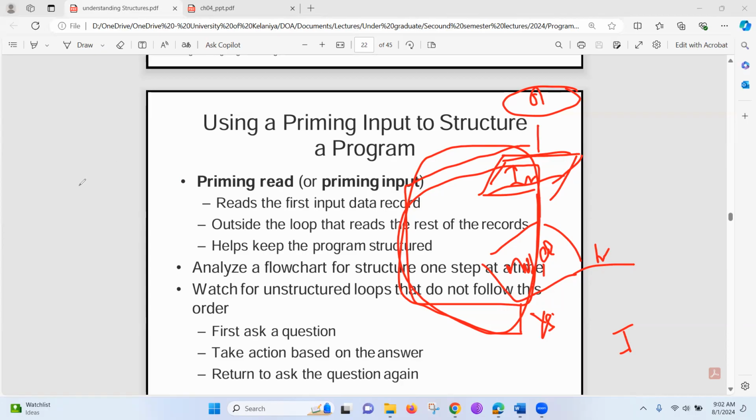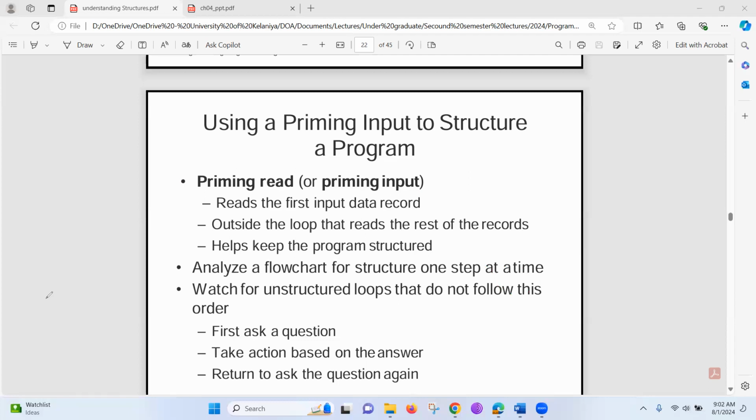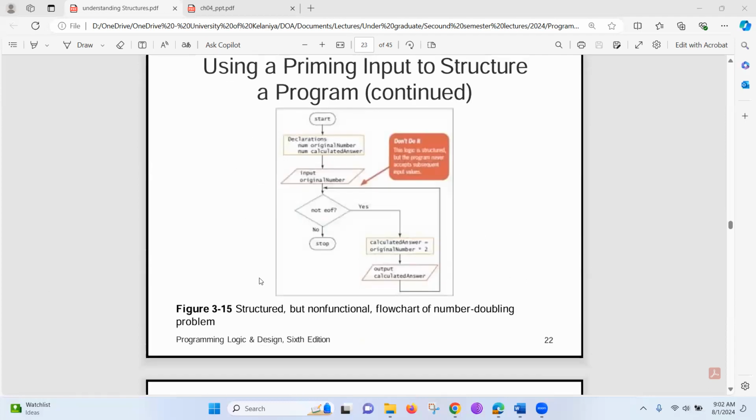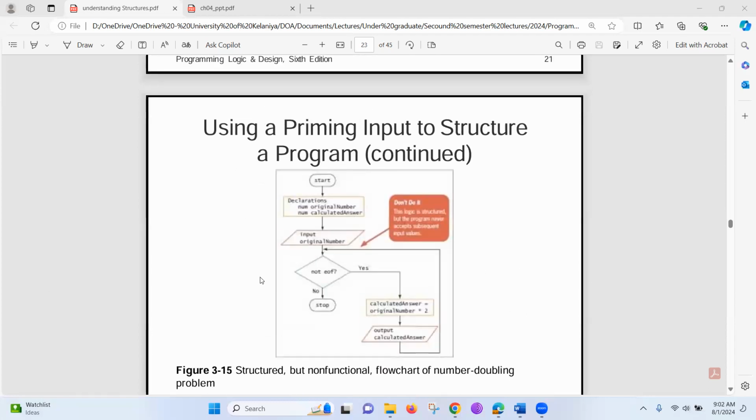We can take some examples and explain. Here, please look. Yes, please look at this. Is this flowchart okay, or is it a structured one?